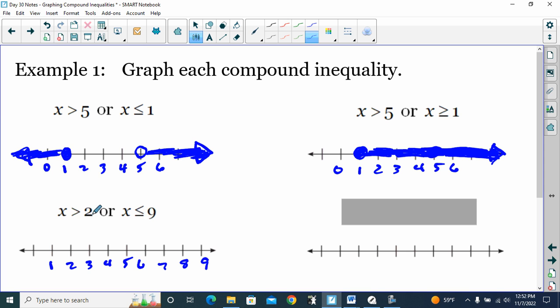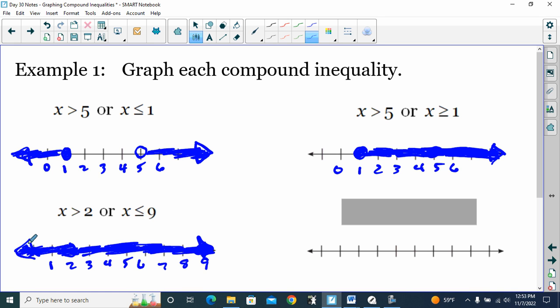We shade everything bigger than 2. Or X is less than or equal to 9. We shade everything less than or equal to 9, including the 2. All these values over here are also less than or equal to 9.